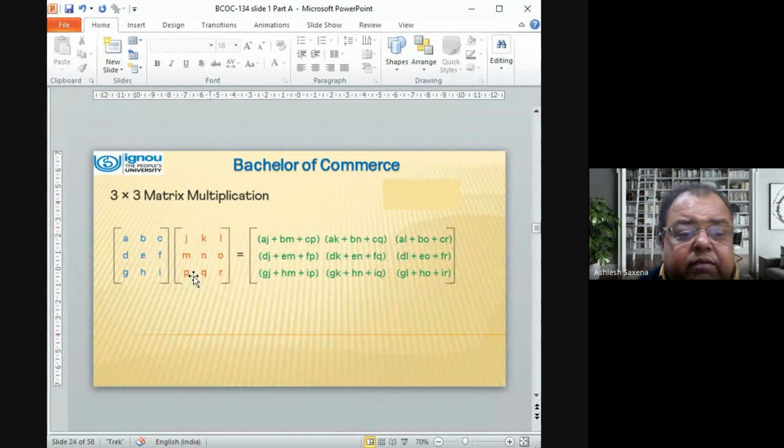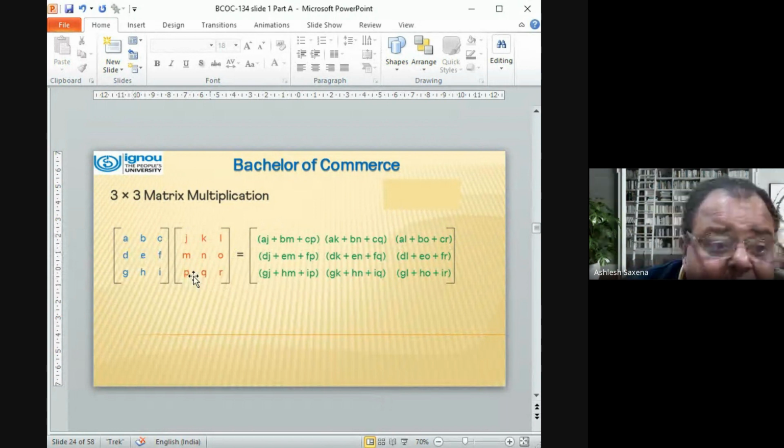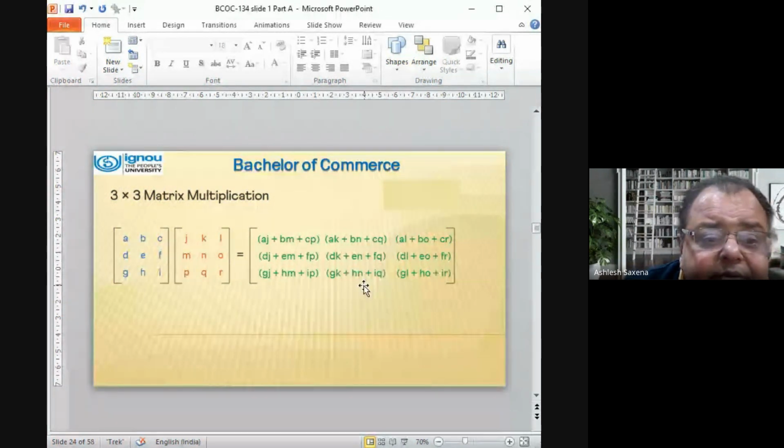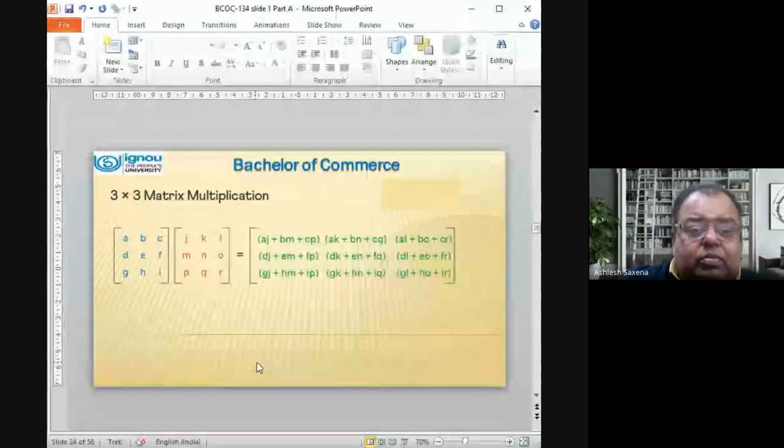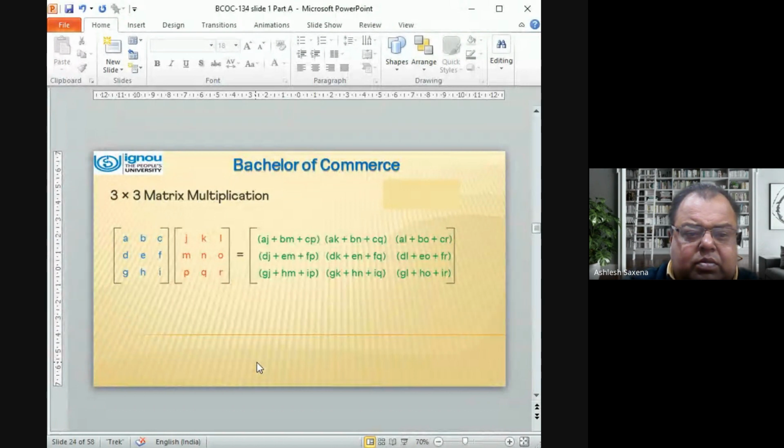K plus HM plus IQ. Here it is. The last one will be left to right, top to bottom. GL plus HO plus IR. Got it? Have a look at it.